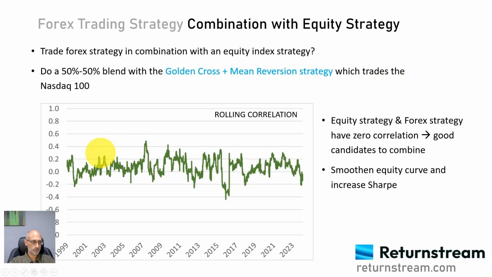So the rolling correlation between the Forex strategy and the NASDAQ 100 strategy is 0. In other words, they have nothing to do with each other, completely uncorrelated. And so they should be good candidates to combine with one another. And the hope is that it'll give a smooth equity curve with an increased Sharpe ratio.